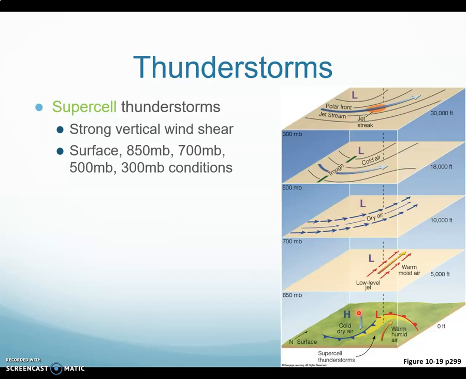So we have warm, moist air coming from the south in the lower parts of the atmosphere, and cold, dry air coming from the west in the upper atmosphere. This allows two things to happen. First of all, warm air beneath, cold air above, you generate instability. So you've got some rising motion, you're ready for an updraft. The second thing that it causes is very strong wind shear.